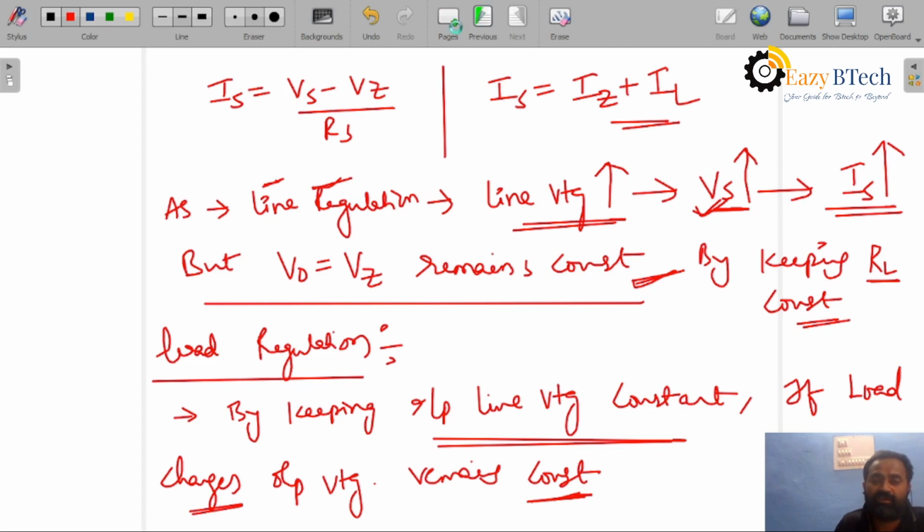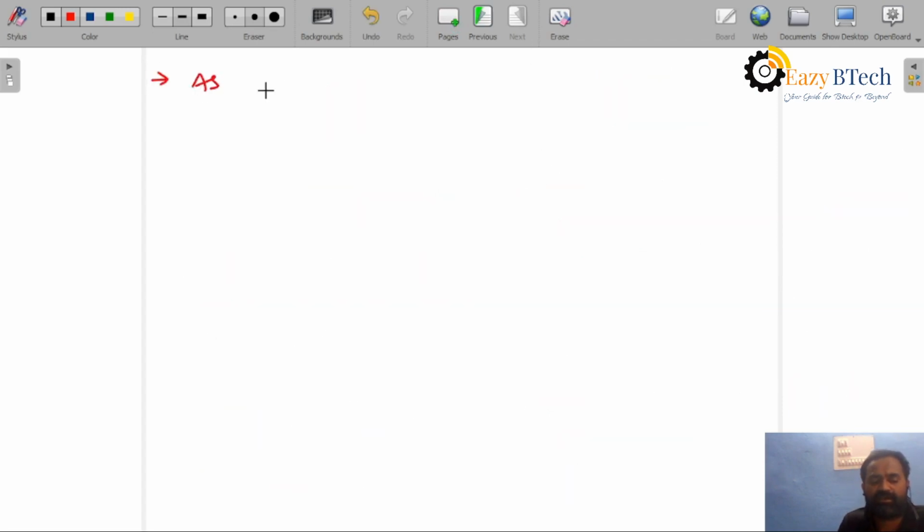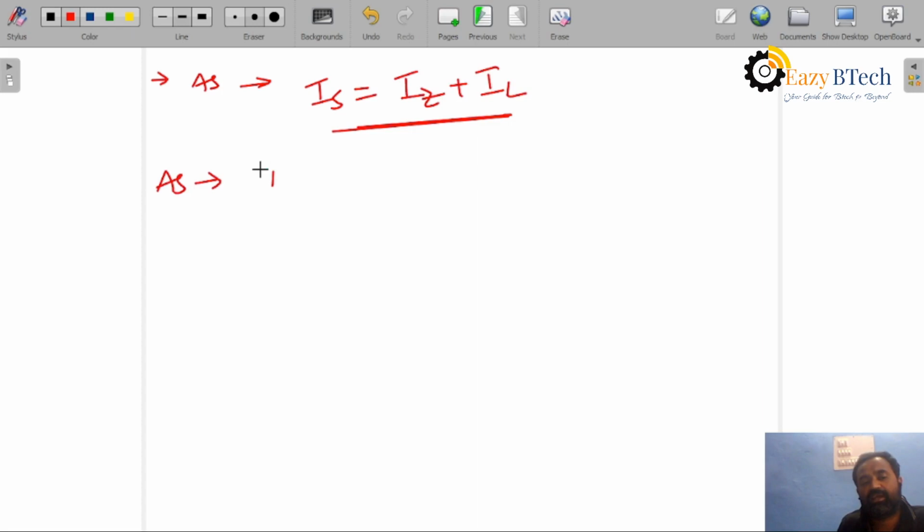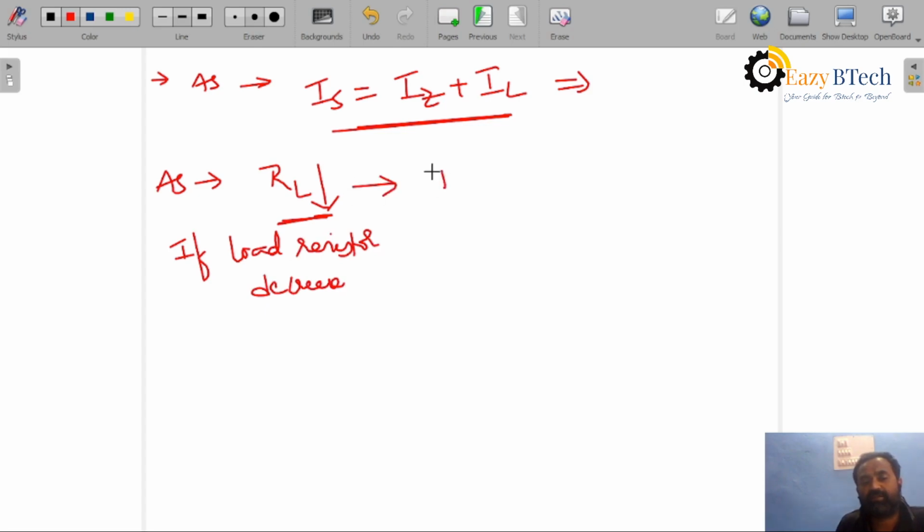That we will see now. Is is equal to Iz plus IL. Now as RL decreases, if load resistance decreases, then what happens? Current IL is maximum. We will write Is is equal to Iz minimum plus IL maximum.